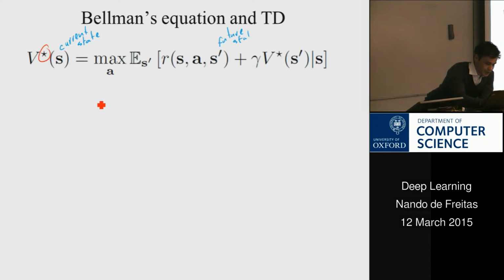In particular, I need to make explicit what the policy is. The optimal value function is the max over the action of the value function. And so I'm going to go back to the old value function.